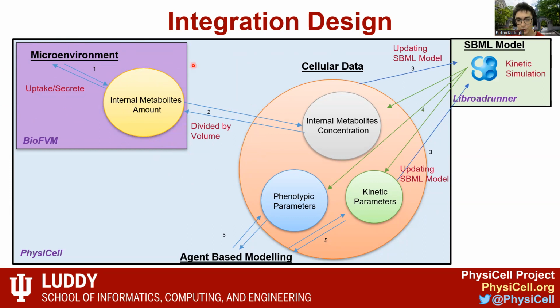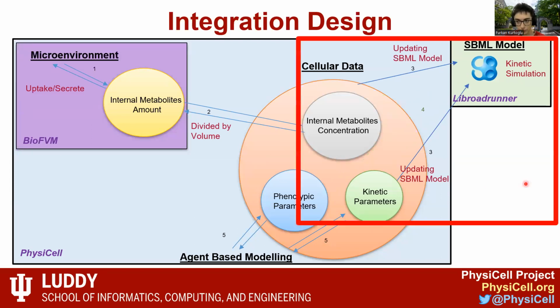We use these amounts as concentrations, and this cellular data is the interface between PhysiCell and libRoadrunner, our SBML ODE solver. Every cell has an SBML structure in it. We simulate the SBML using libRoadrunner, and then update the rest of the agent-based model, the concentrations and phenotypic parameters.